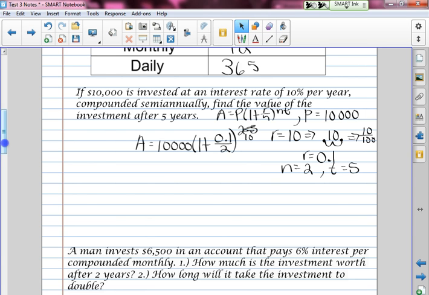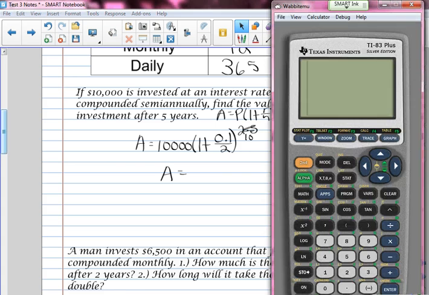Now this is ready to go in my calculator. All my variables are on the left side, so I'm ready to solve. I just type it in. 10,000 times (1 plus 0.1 divided by 2) to the 10th power, and that gives you $16,288.95.